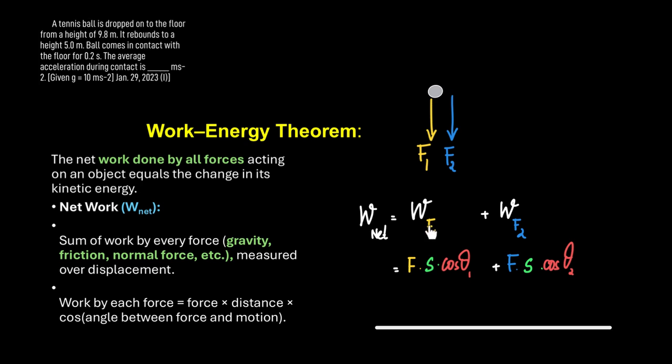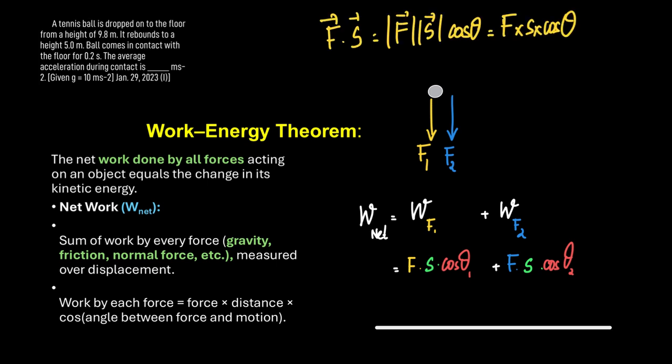It is equal to F dot S. More precisely, it is vector F dot vector S, which is equal to modulus of vector F times modulus of vector S times cos theta, where theta is the angle between F and S, which actually is F into S into cos theta. What is theta 1? It is the angle between F1 and S. And what is theta 2? It is the angle between F2 and S.